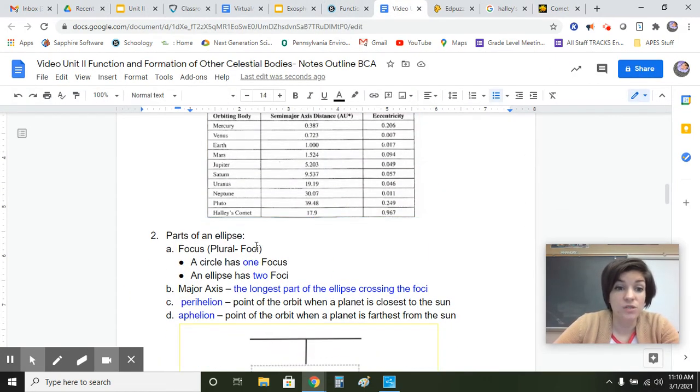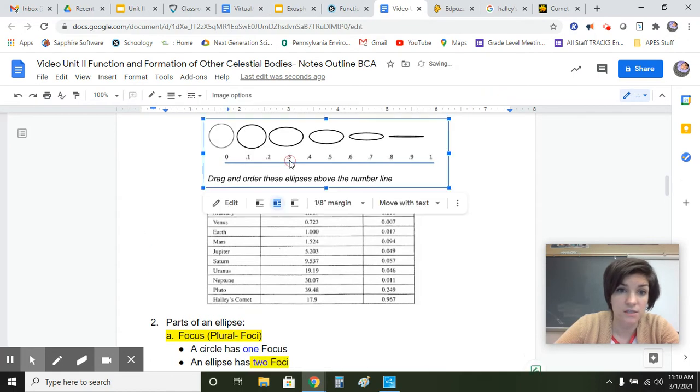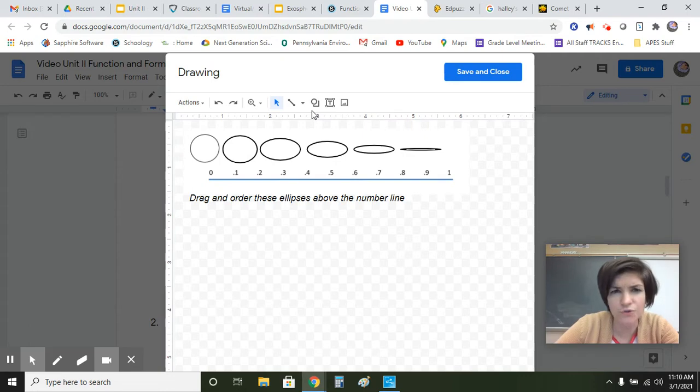Now, when it comes to the parts of an ellipse, you have foci. So let's highlight that. A circle has one focus, and an ellipse has two foci. If I was going to draw this, let me show you. You don't have to do this.